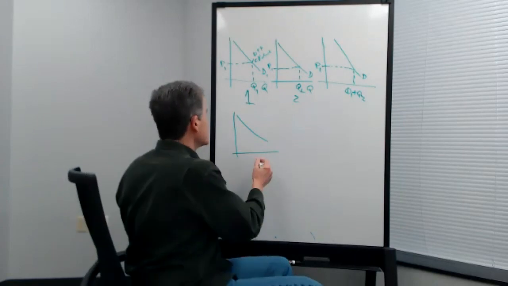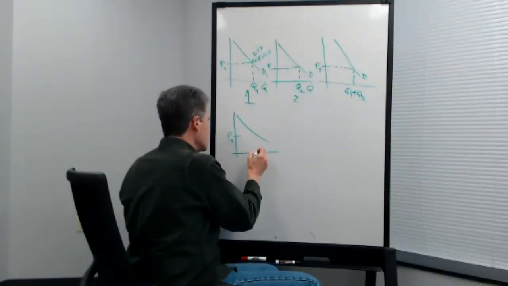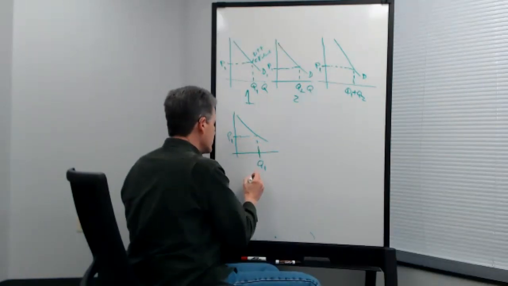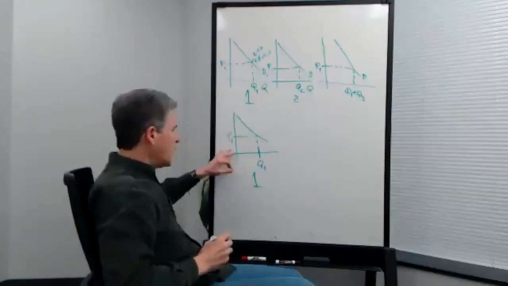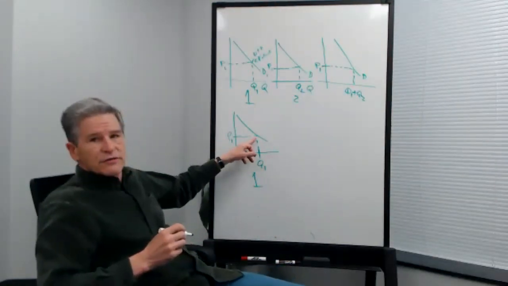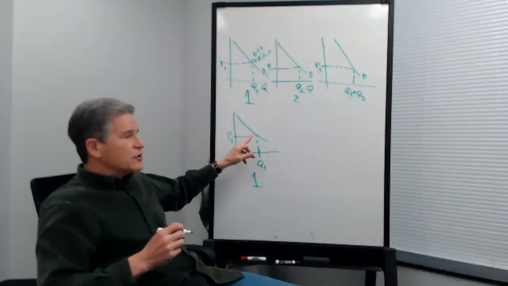Okay, so now let's consider the price P1, and we'll look at Q1, and person one is willing to pay P1 dollars to get that extra unit at the quantity Q1.